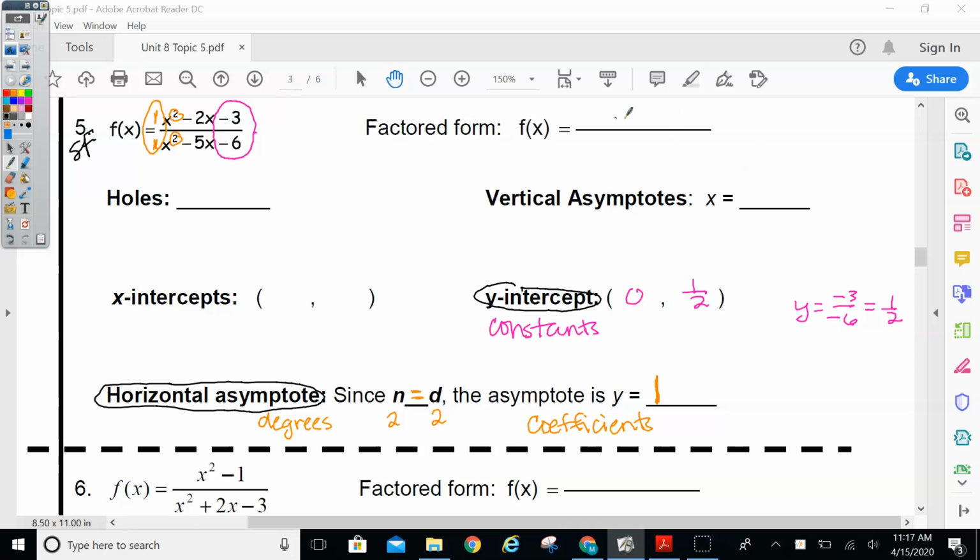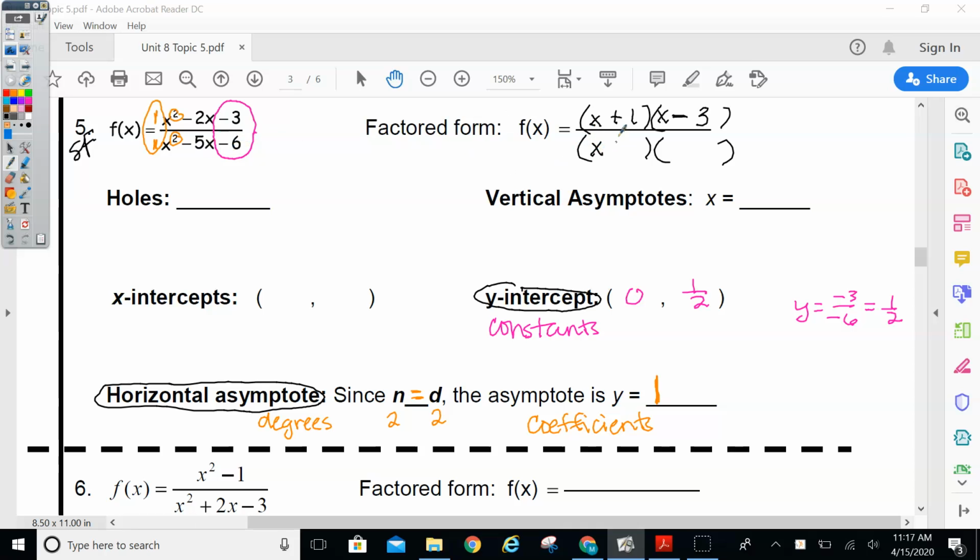So we're going to use the basic method for both the numerator and denominator. Here, we need a product of negative 3 and a sum of negative 2. 3 only has one pair, 1 and 3. To make it a negative 2, I need the bigger one to be negative, so negative 3 and positive 1. The 6 you have to be careful with.